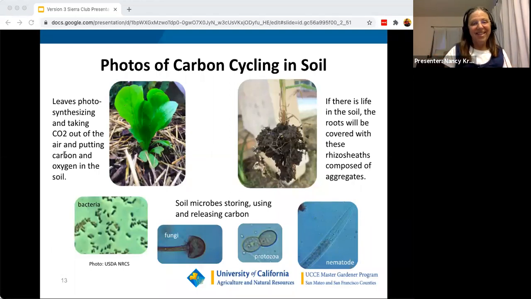Now, this is a fun thing. The top right photo shows what the root system of your plants should look like if you have a healthy living soil. The root of this plant is covered in a rhizosheath, and that's what you should see in your own plants in your garden as well.